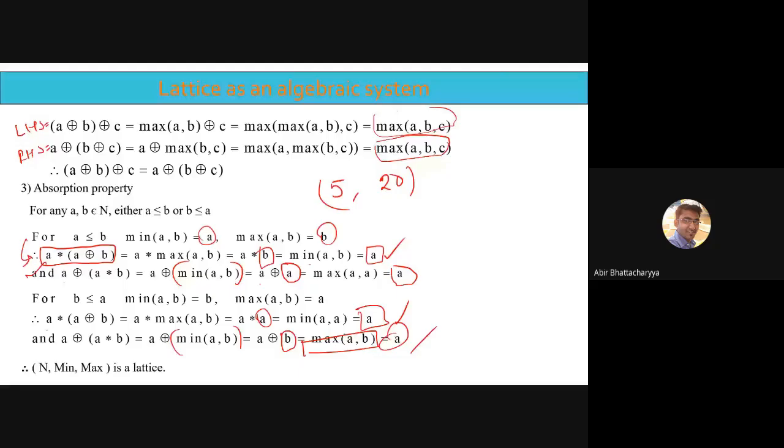That is why we can finally say that the system with maximum and minimum is going to be a lattice, or you can say a lattice as a poset, as an algebraic system.